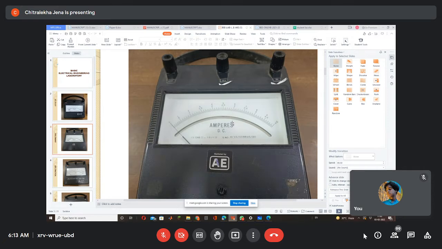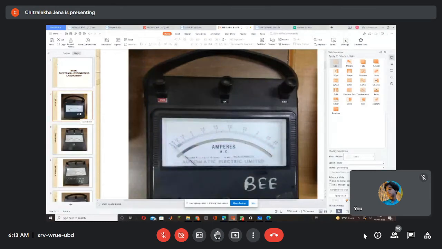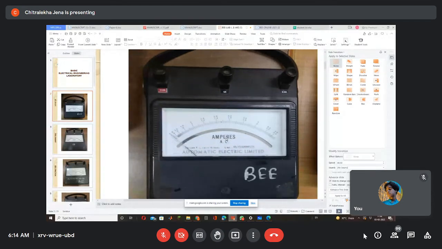Ma'am, there is another screw, right, in the middle of the ammeter to set the pointer, if it differs. Which one? Ma'am, a little down, below the point. And there is a screw to adjust the pointer if it is off. By default, it will show you 0. If you have not connected it, or if the current is 0, current is not flowing, it will show 0.